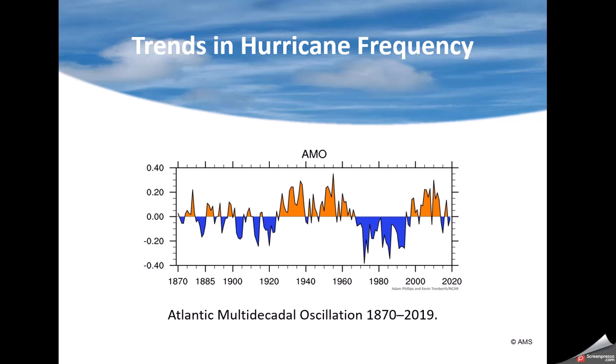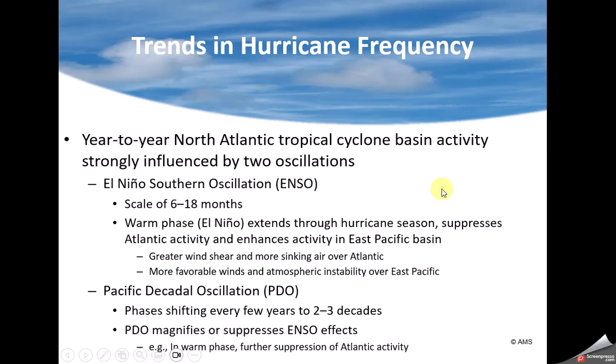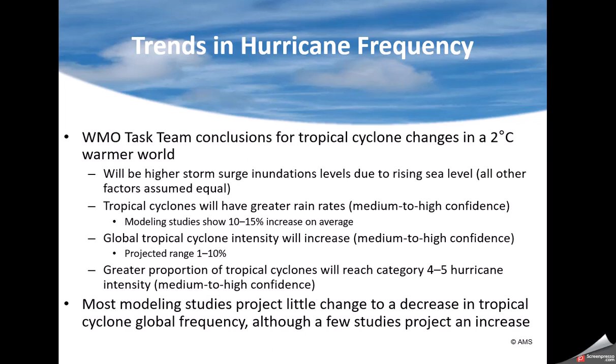So there we go, the Atlantic Multidecadal Oscillation, where it's been cold back in the 60s and 70s. Guess what? There were hardly any hurricanes. Now we're in a warm phase, and it just keeps continuing, even getting warmer. So there are more hurricanes. El Niño definitely has an impact on them.